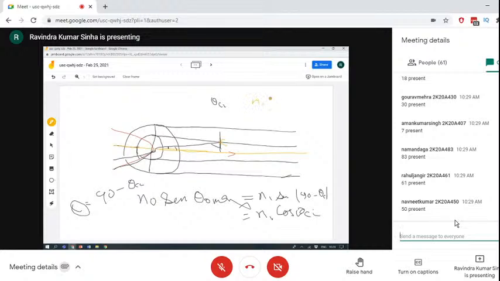N1 sine theta Ci would be equal to N2 sine 90 degrees, because beyond that this will be there. So sine 90 degrees means it will be 1, so it will be N2, and therefore sine theta Ci is equal to N2 by N1.